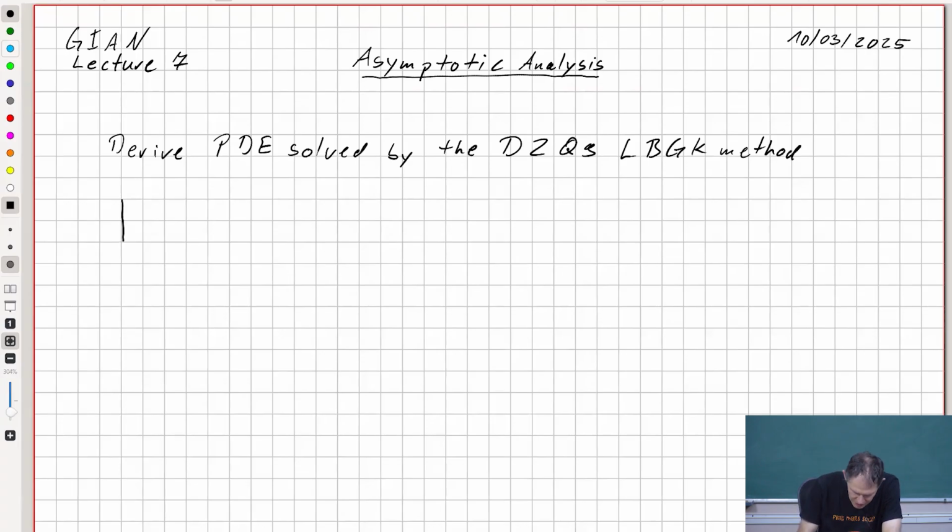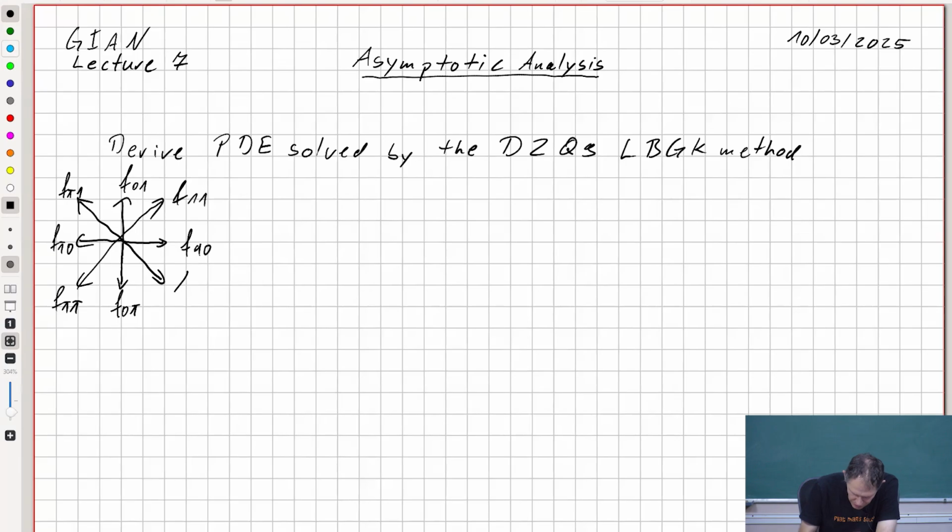So, to remind all of us how this looks, this is our stencil. It can also be drawn more beautifully. We have the populations f_0,1, f_0,-1, here of course f_1,0, f_-1,0, f_-1,1, f_-1,-1, f_1,1, f_1,-1, and of course f_0,0.